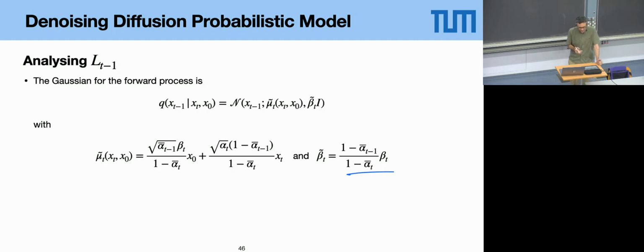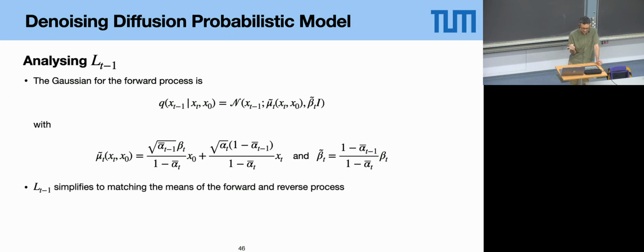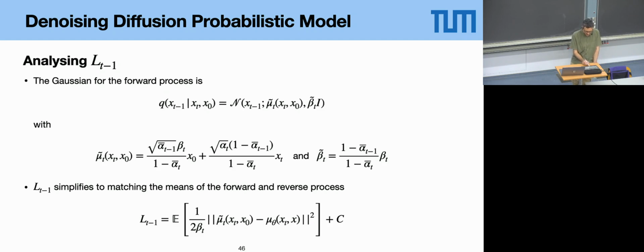So I don't want to go through the details here, but the nice thing is we really know what all these factors are, and it basically means we can directly match the mean values of forward and reverse process for a certain step t for these noise samples.